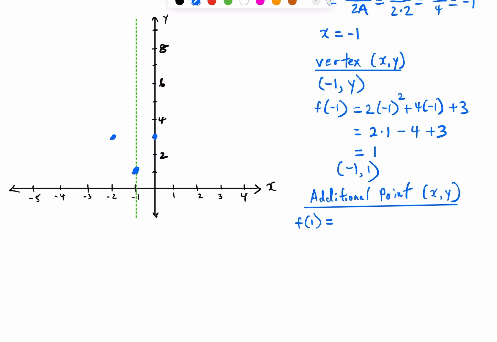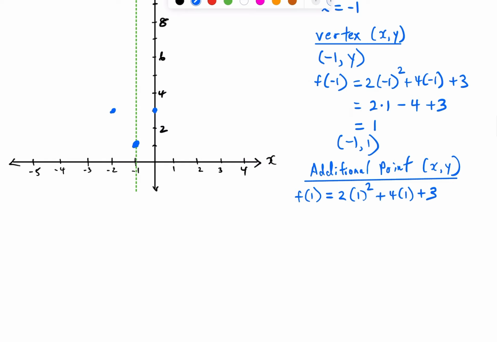But instead of having -1, we're now going to put in 1 in place for x. So this is going to be 2 times 1 squared. And then just to reiterate, the reason we're putting in 1 is because we chose x equals 1. So whatever is here is going to go in place of all of my x's in this function. So this is going to be plus 4 times 1 plus 3.